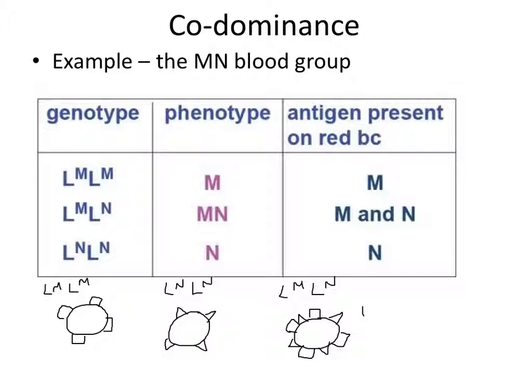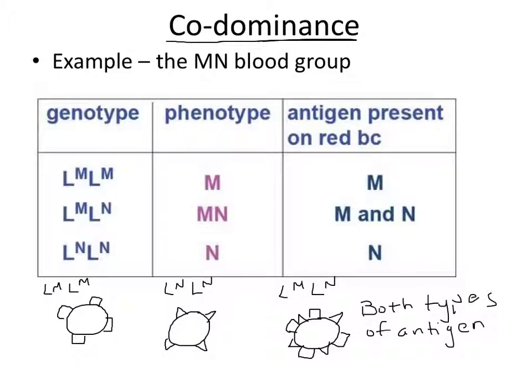So they have both types of antigen. So this is a case where we're seeing both the M-type and the N-type simultaneously, both versions of the gene product that are possible here, and that is what codominance means. This is a classic illustration of codominance.